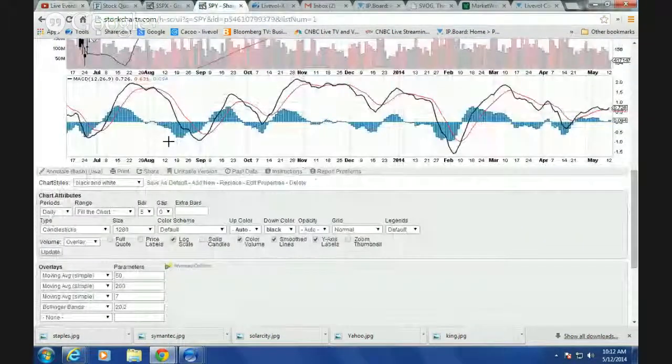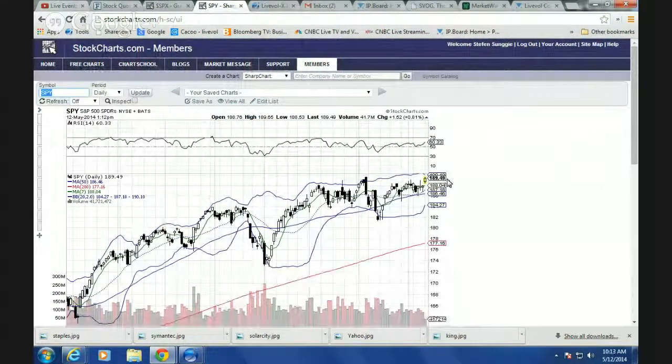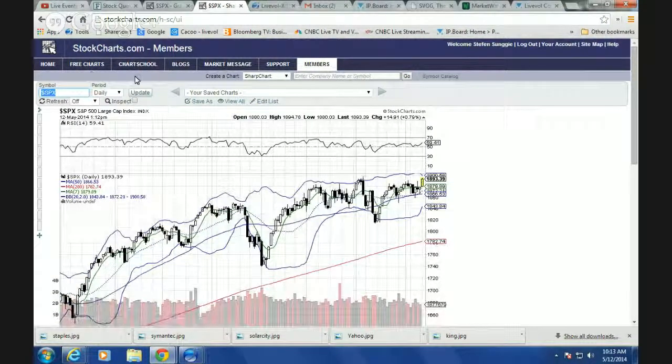Let me actually make this smaller. Yeah, so there's definitely some positive movement, and it looks like most likely it's going to reach an all-time high of 190 for SPY, but 1900 for the SPX. So it looks like this is almost certain to reach 1900.